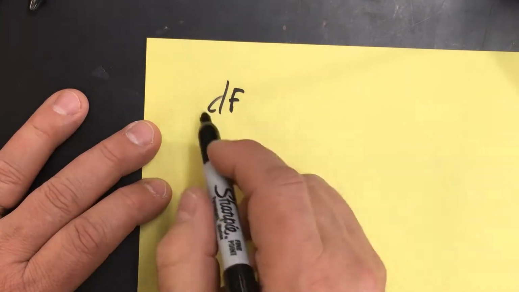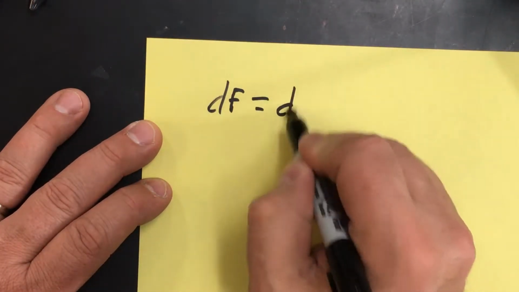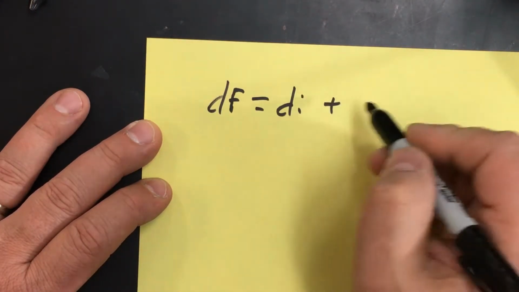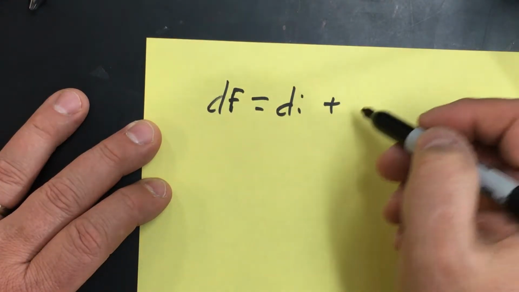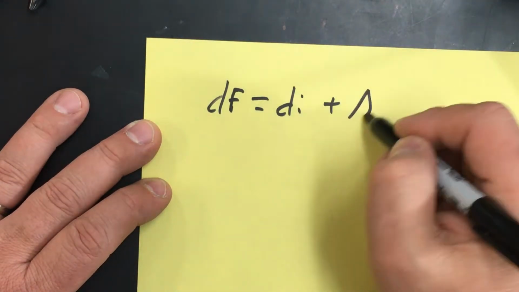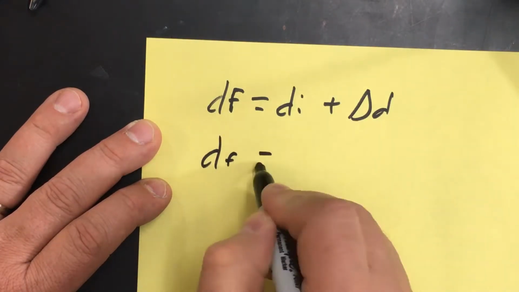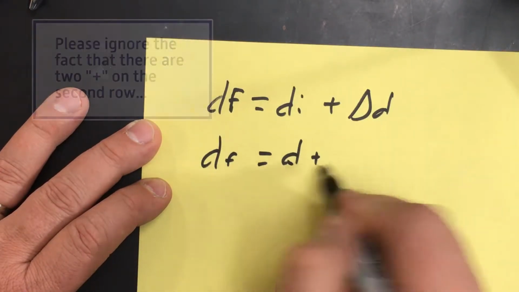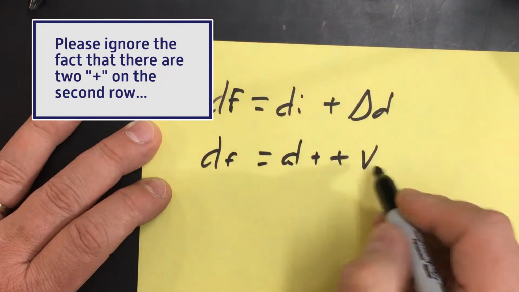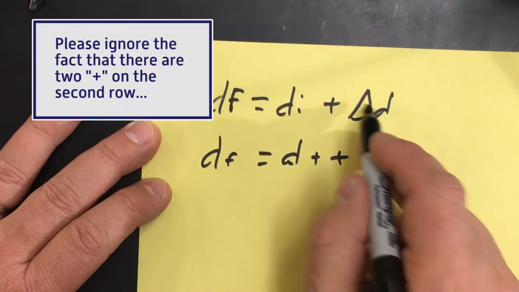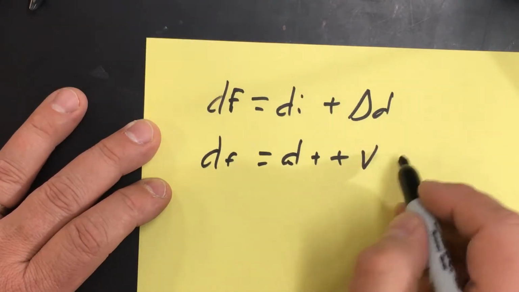So we can look at it this way: final distance is initial distance plus change in position. Change in position is delta D. So the final distance is the initial distance plus the rate that position changes times time.